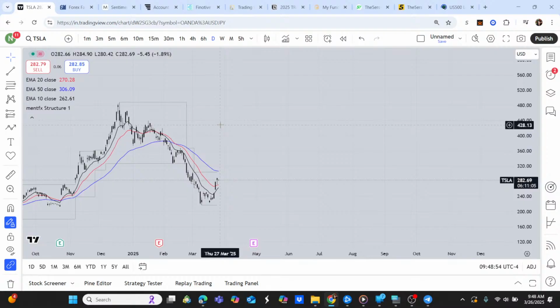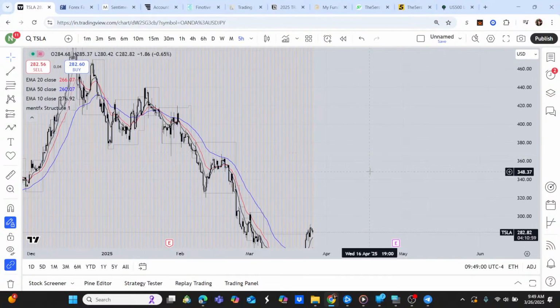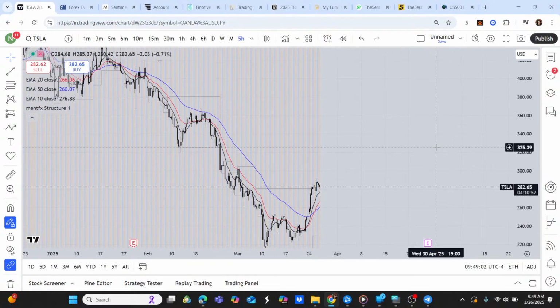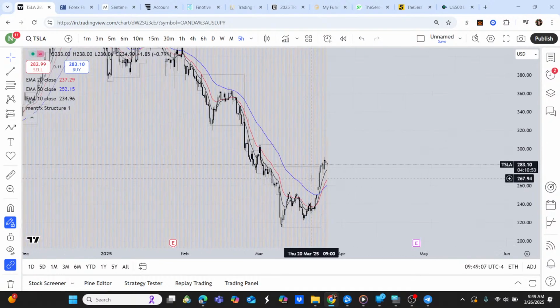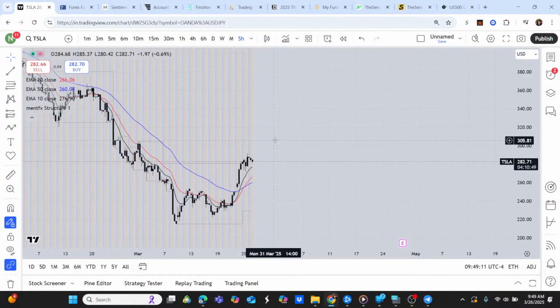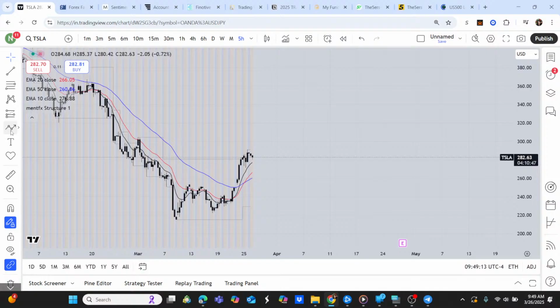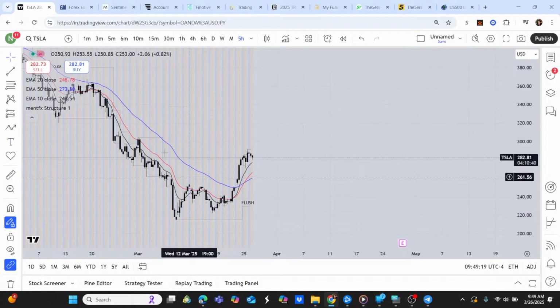So if I'm trading like a 5 minute, we could start something. If we're trading something like a 5 minute, so we go on to the 5 hour. What we have here is basically this, the flush.